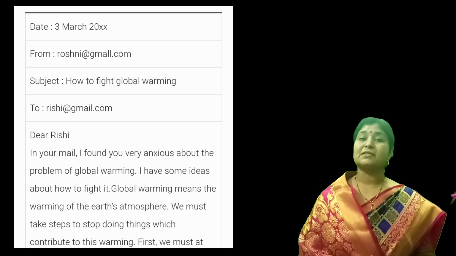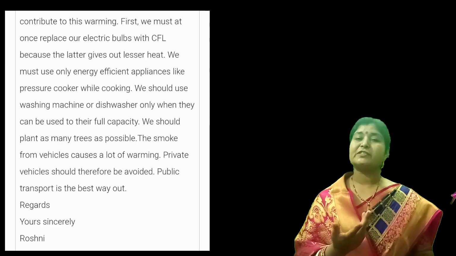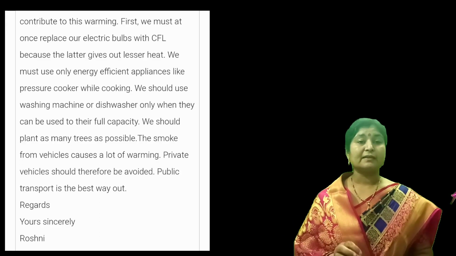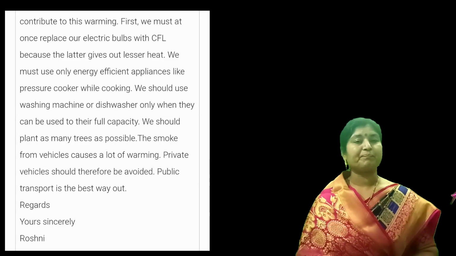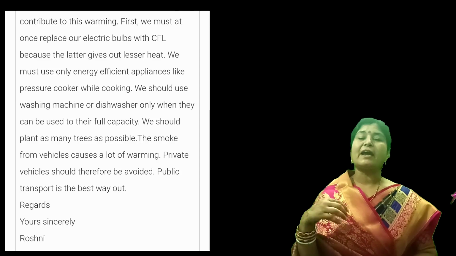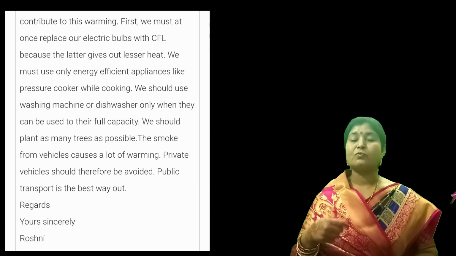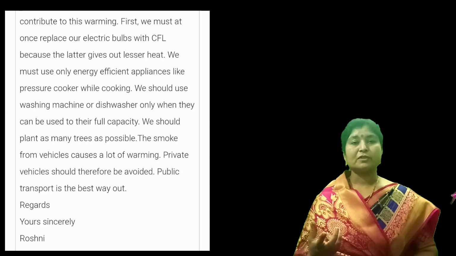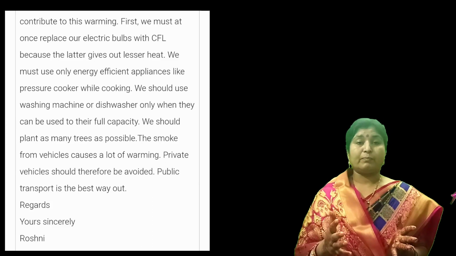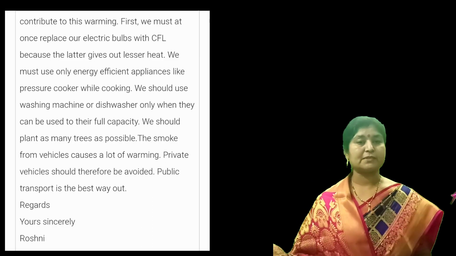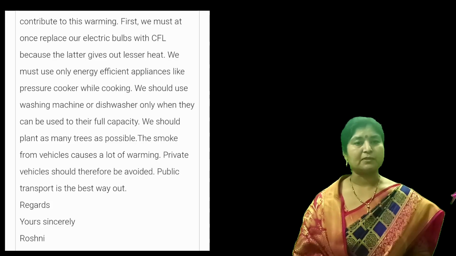First we must at once replace our electric bulbs with CFL, because the latter gives out less heat. Next, we must use only energy efficient appliances, like a pressure cooker while cooking. We should use washing machines or dishwashers only when they can be used to their full capacity. We should plant as many trees as possible.